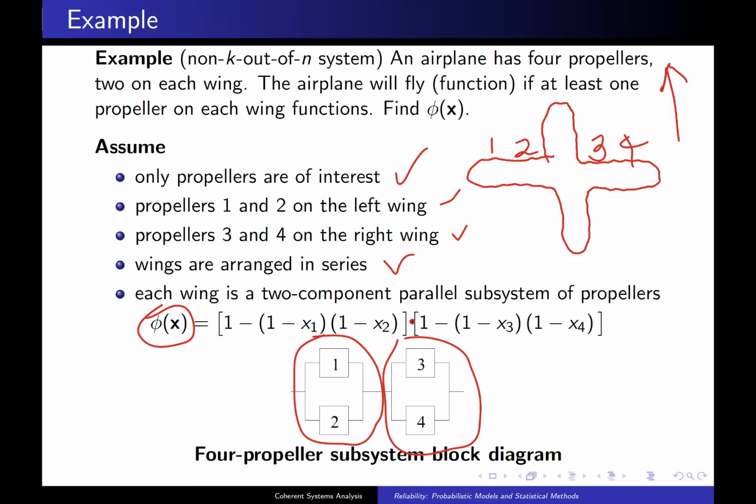Both of those subsystems are parallel, so you have 1 minus x1, 1 minus x2, and in the second subsystem you have 1 minus x3, 1 minus x4. And that's how you draw a reliability block diagram and figure out a structure function in a slightly more complicated system. This system right here is not a K out of N system.